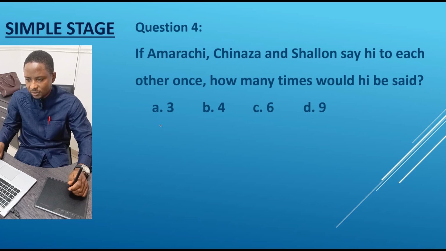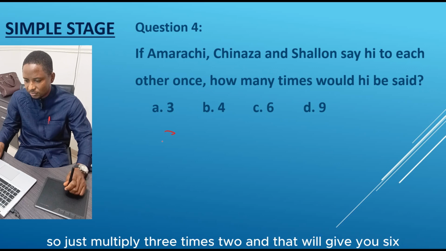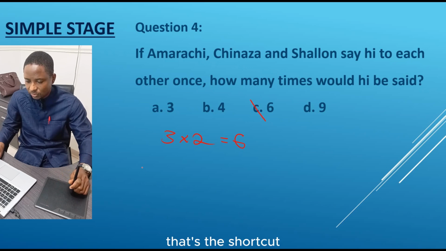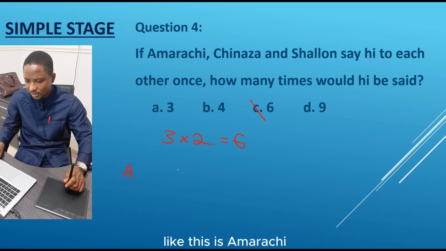Moving on to question 4. If Amarachi, Chinaza, and Shalom say hi to each other once, how many times would hi be said? There are 3 in number, so just multiply 3 times 2, and that will give you 6. That's a shortcut to go about it. Or you may want to model it: this is Amarachi, this is Chinaza, this is Shalom.